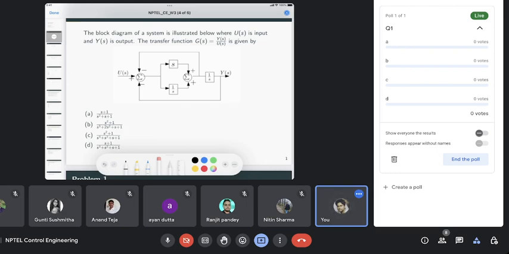Okay, so any doubt on the question or something, then you can ask. It is just a basic question on simplifying.